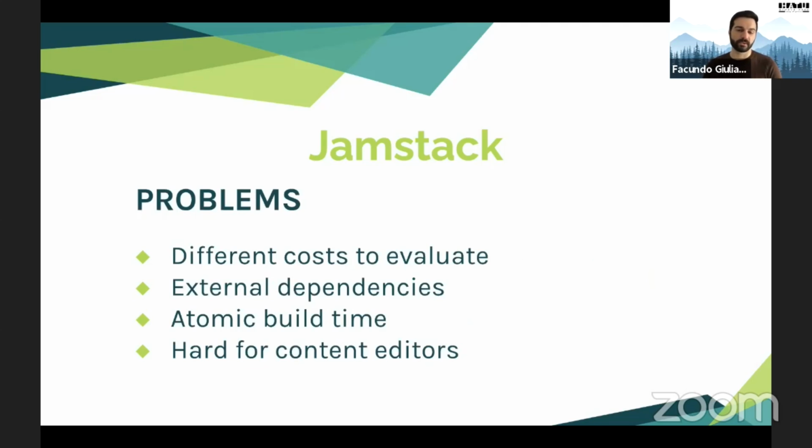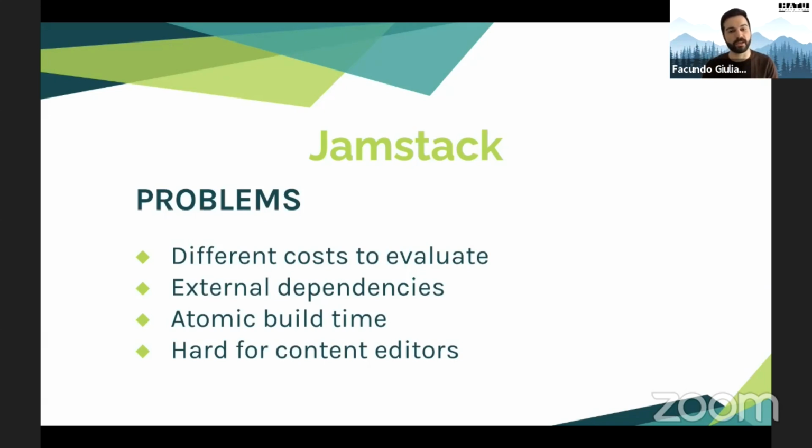But there are some problems that the Jamstack has, and we have different costs to evaluate. I was saying before that we have to leave the best to do the best, but the companies and the services don't work for free. They offer free tiers, and some of them offer free options of their services, but we will have different costs to evaluate.